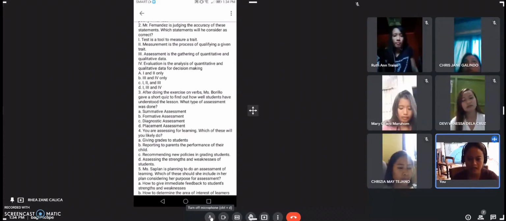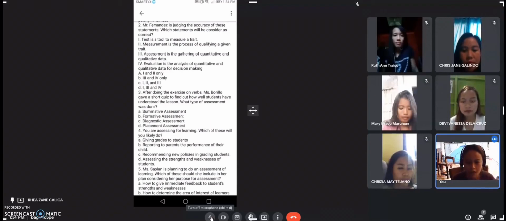Fourth, evaluation is the analysis of quantitative and qualitative data for decision making. So, asa ang pananaw ninyo nga answer? A, ang 1 or 2 only, or B, 3 and 4, and sa C, 1, 2, and 3, and sa D, 1, 3, and 4.